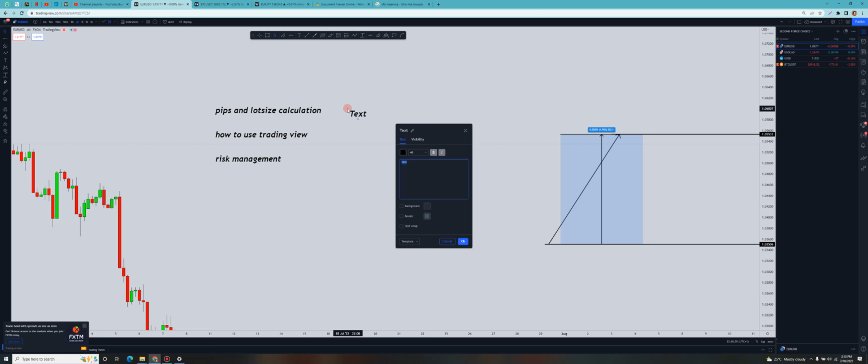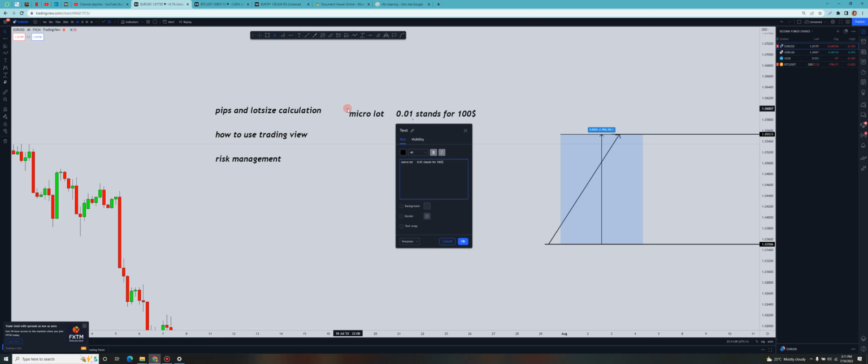But the only thing is that lot size is encoded, and that's what we want to break down now. So in forex, we just have some basic standard numbers for lot size. What we call the micro lot, which is 0.01, stands for $1,000.